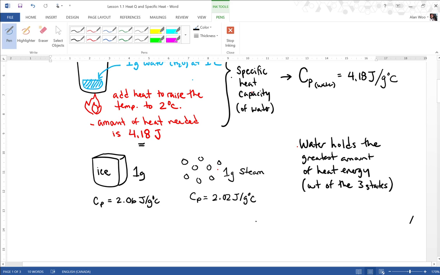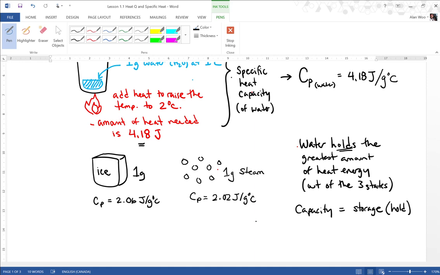Because water can hold the greatest amount, this is why it's called capacity. Capacity means how much it can hold, what is the limit, almost. So capacity equals storage. This is actually very unique to each substance.